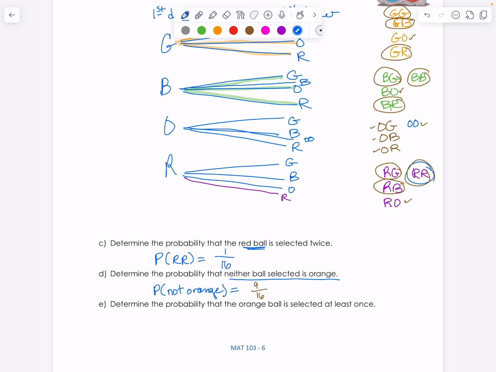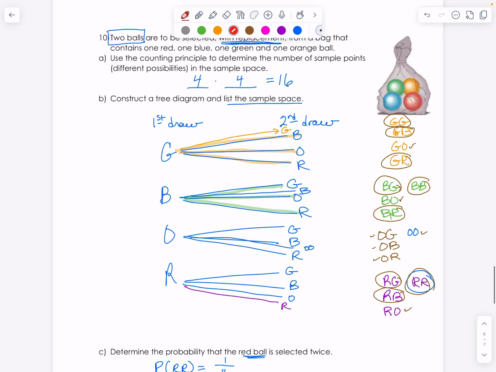All right. And then the last one of today is determine the probability that the orange ball is selected at least once. Probability that we have orange at least one time. So let's go back in. I'll circle it in red. Here's one that has orange in it. Here's one that has orange in it. You know, it might be easier for me to highlight. So this one has orange in it.